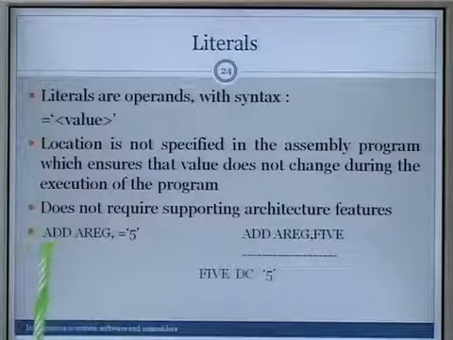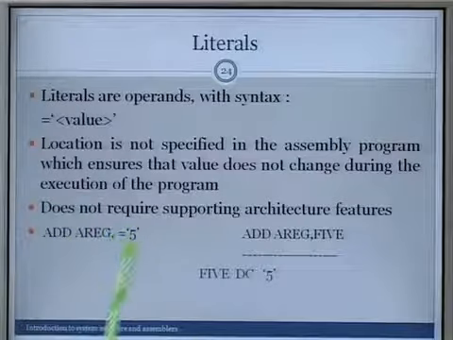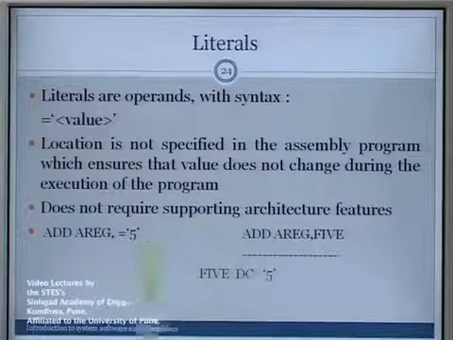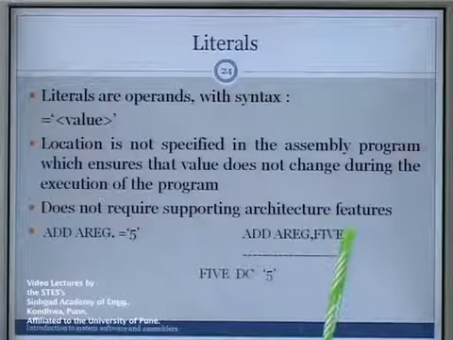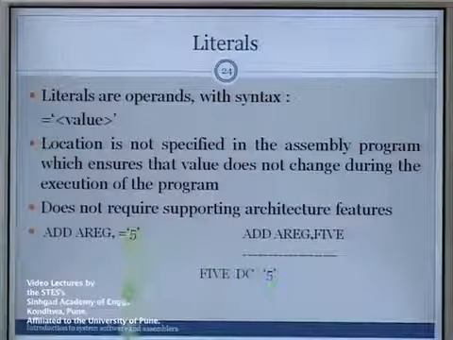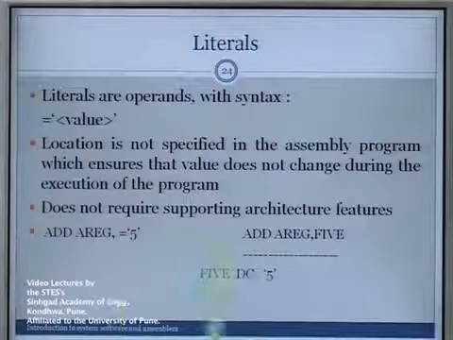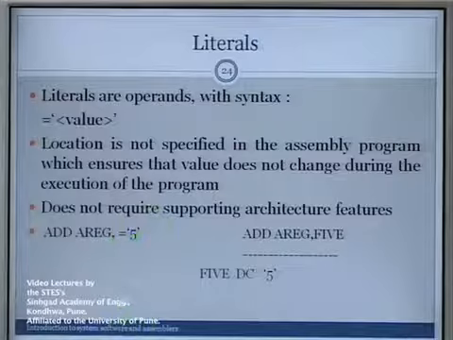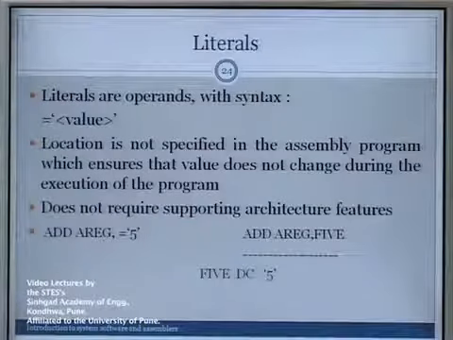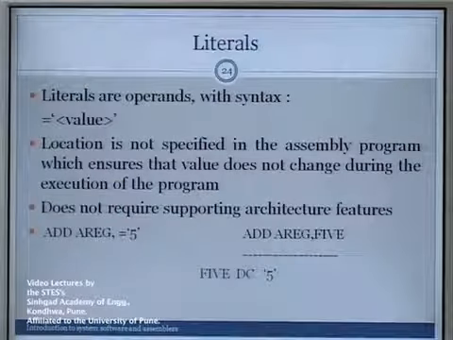So if it encounters ADD AREG, 5, with the A register and this literal, it gives a symbol name to a memory word, and in that memory word it has placed the value 5. Since we do not know what symbol name is generated by the assembler for this value, we cannot change it. We, meaning the user or the programmer, are not able to change that value during the execution of the program.